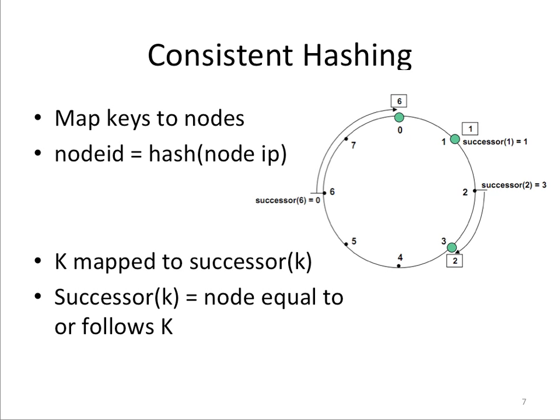There are some differences here compared to the regular hash table we're familiar with. In this particular scheme of hashing, a key k is mapped to what is called the successor of k. The reason we need this is we might not have a machine that is responsible for that particular key.